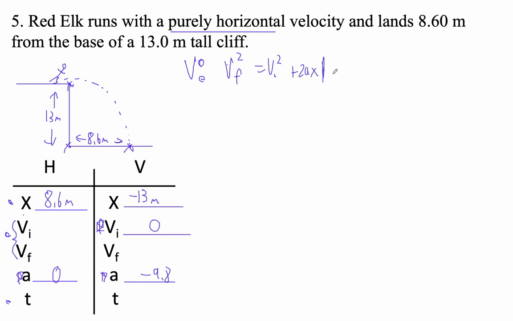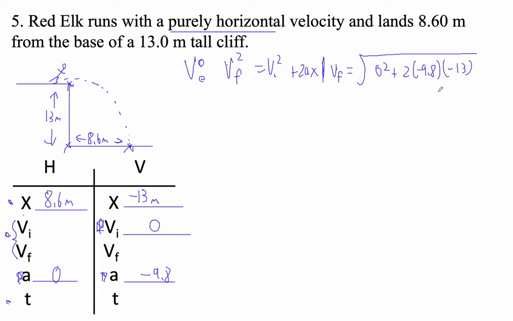All right, so let's see. VF is the square root of 0 squared plus 2 times negative 9.8 times negative 13. The two negatives make it positive so you don't get an error message. So square root of 2 times 9.8 times 13.